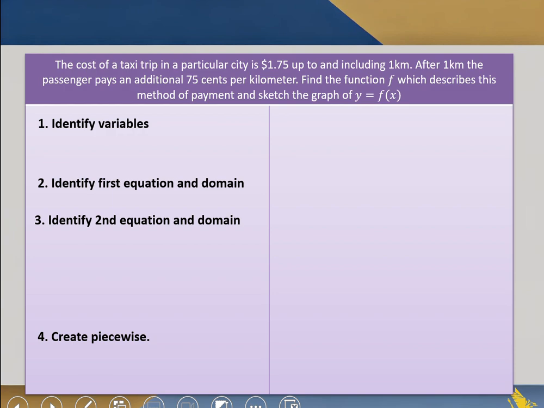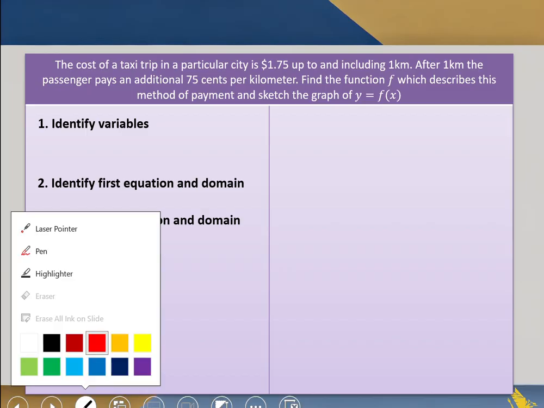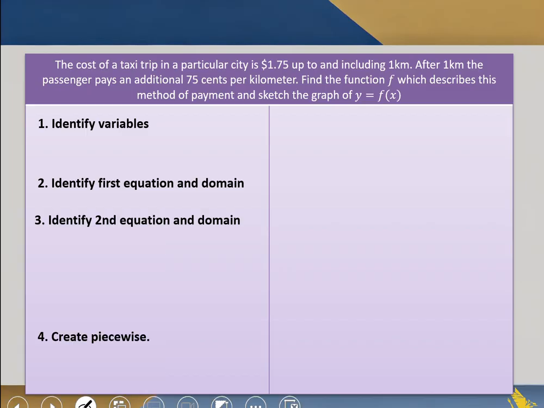So the first part we need to be thinking about is what are my variables? We know x is the number of kilometres, and c is the total cost. Now we can see that our graph is changing. That's why I put down the labels: identify the first equation, identify the second equation.